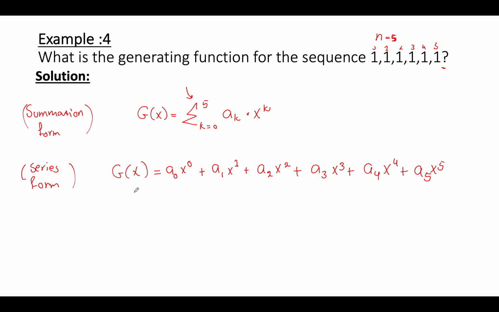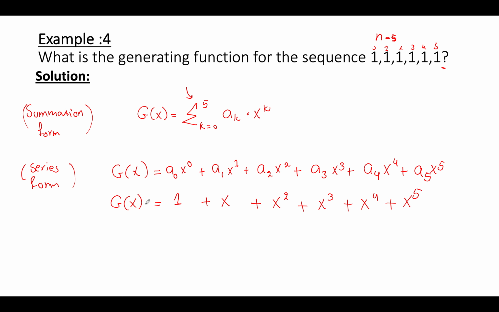Now from the sequence we can see that the series form is equal to 1 plus x plus x squared plus x cubed plus x to the power 4 plus x to the power 5.